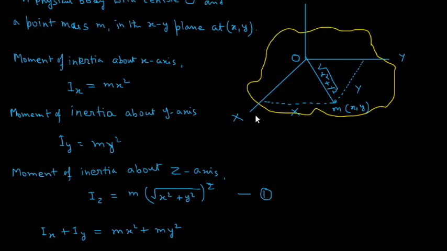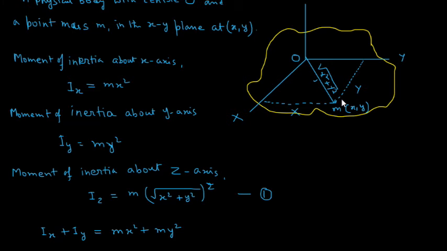Moment of inertia about x-axis is m x square, moment of inertia about y-axis is m y square, and moment of inertia about z-axis is m multiplied by under root x square plus y square, whole square. So this is equation 1.